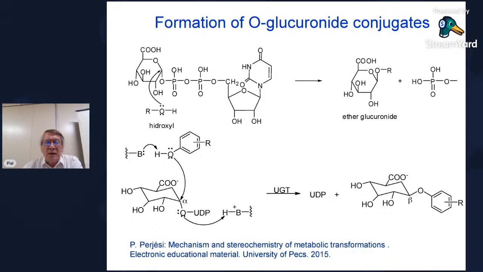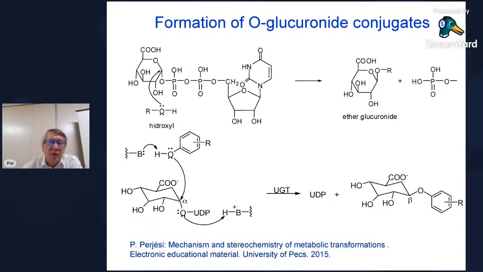As for the details of formation of the glucuronide conjugates, you can see this is the structure of the UDP, uridine diphosphate glucuronic acid, which has an electrophilic carbon atom, I mean this anomeric carbon, and this anomeric carbon is attacked by the nucleophilic oxygen of alcohols, phenols, carboxylic acids, and as a result, the uridine diphosphate leaves, and the ether glucuronide is formed.